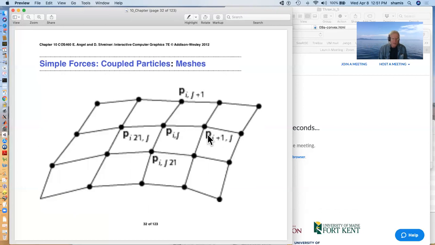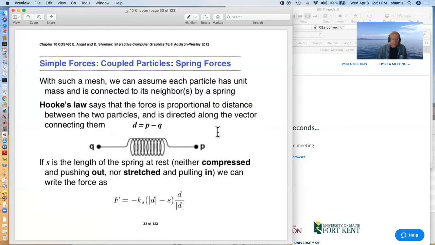This is the kind of setup we might have for one of these meshes where particle ij is connected to its 4 neighbors by some spring whose displacement is the difference between the positions p and q. And we could then form a spring that has some rest length s.